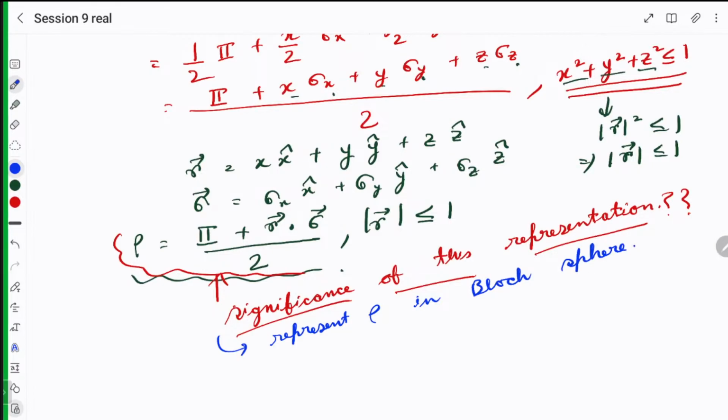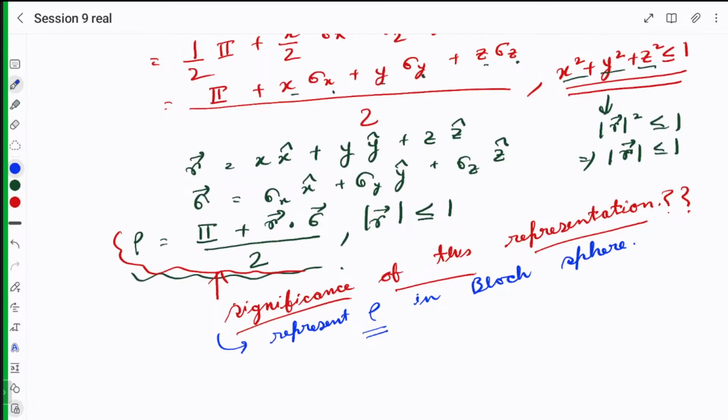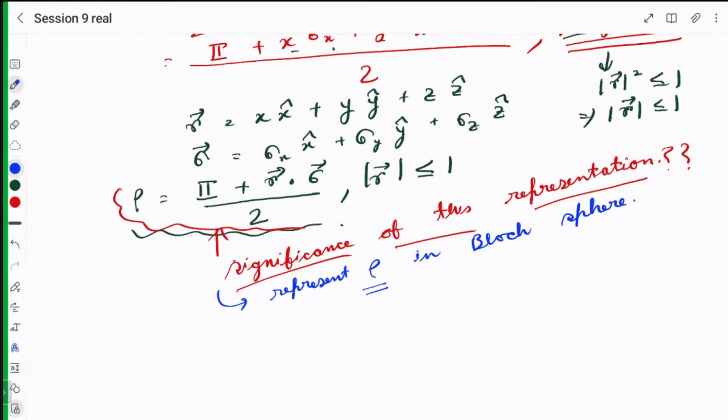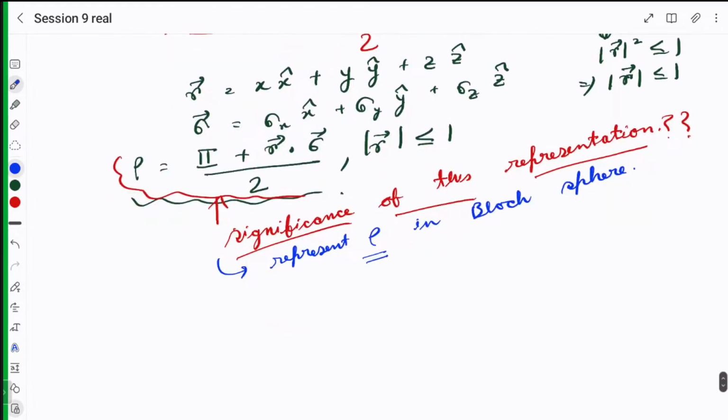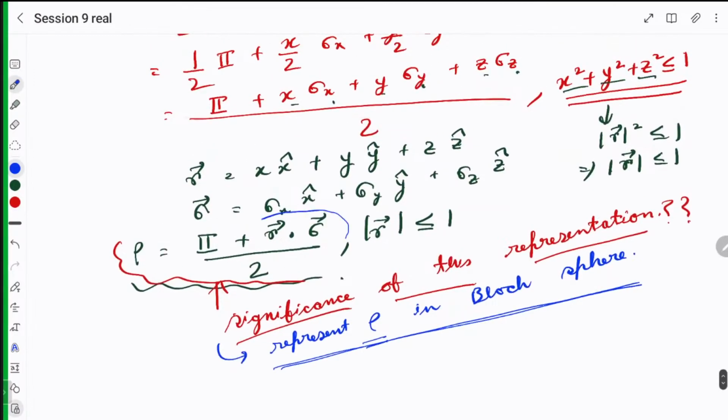If you come up with a scheme, I would ask you to check all the points that you know on the Bloch sphere. The z-axis points will be ket 0, ket 1, and the x-axis points will be ket plus, ket minus. So please try to check that and think how this representation would help us represent rho on the Bloch sphere.